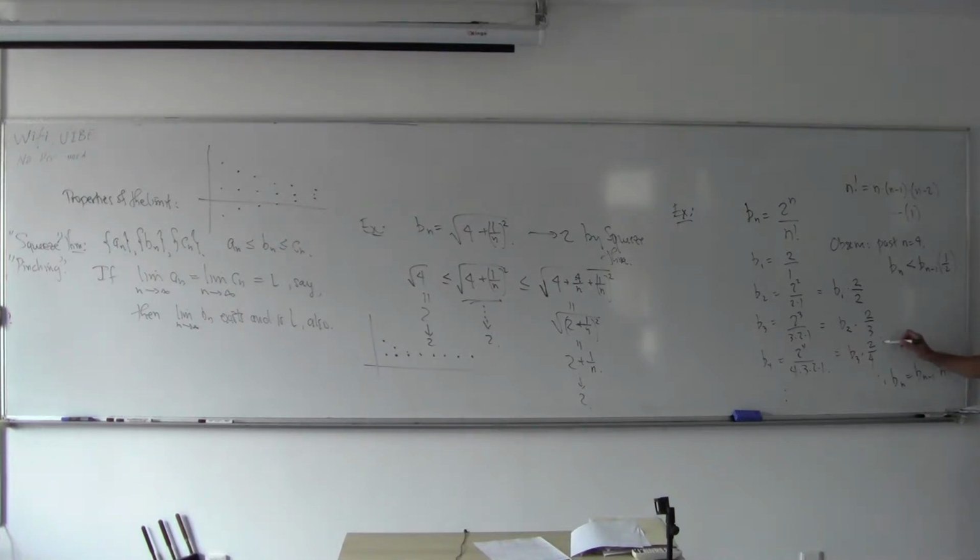Right? Because starting from this point, you multiply by a half, and then after that, it's always some number less than a half.